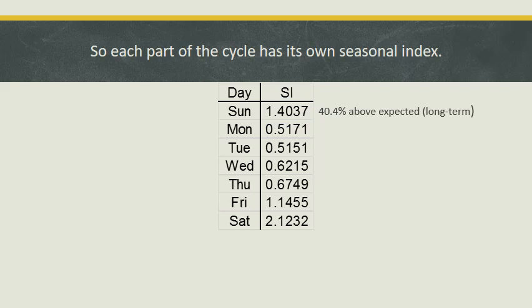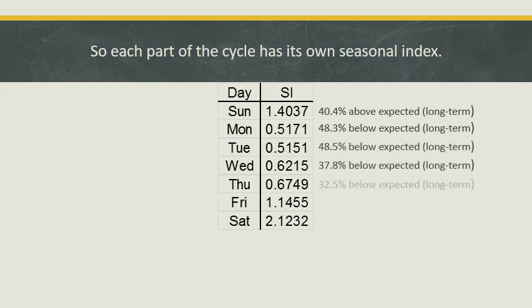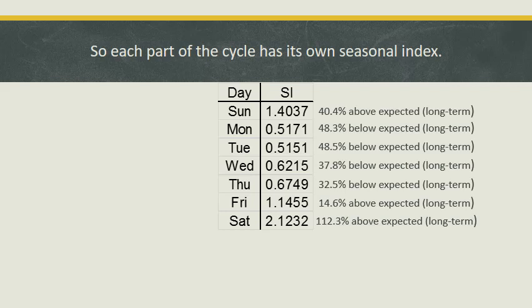Mondays, on the other hand, have pizza sales that are on average about 48% below expected value or expected long-term trend value. And here are the rest of them. With this in mind, we can see how Friday, Saturday, and Sunday form the peak of each cycle, and Monday through Thursday forms the valley of the cycle.